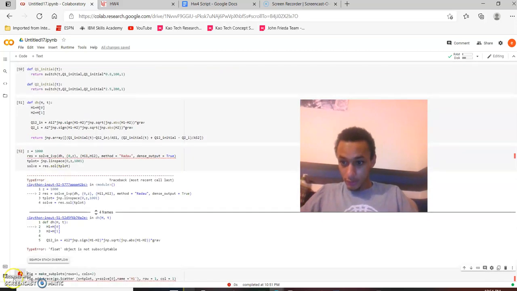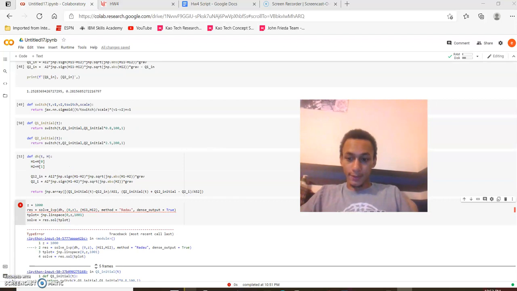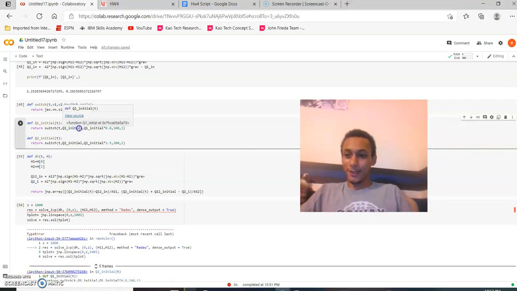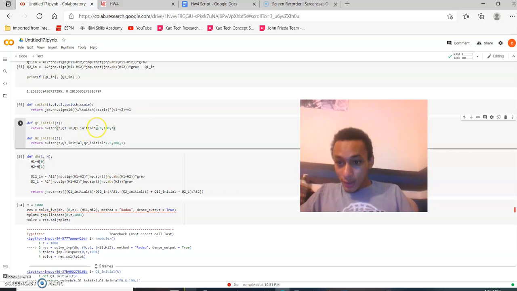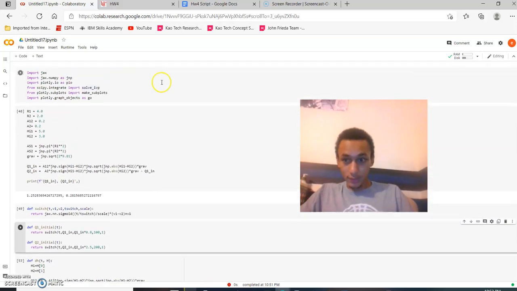And it's still saying there's a float. And I realized again, this is not initial. We have to use the original functions that we had at the top. You're going to be Q1N. And you're going to be Q1N. And you should be Q2N. And you should be Q2N.